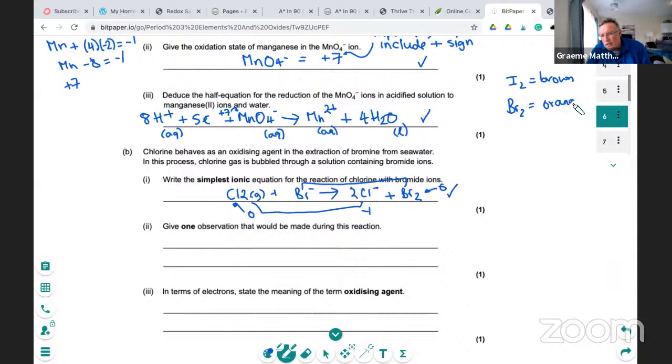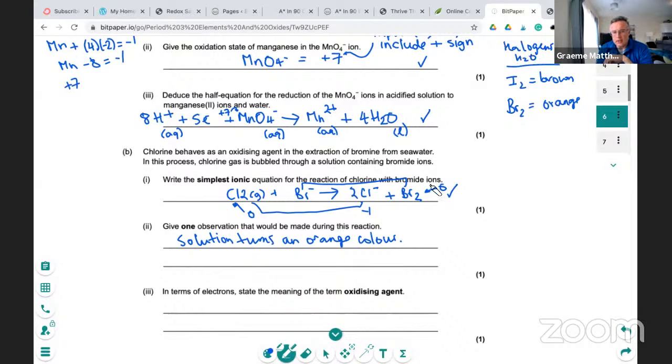And so I would say that the solution turns an orange color. Like so. Here's my little cheat sheet again, of the halogens in water.